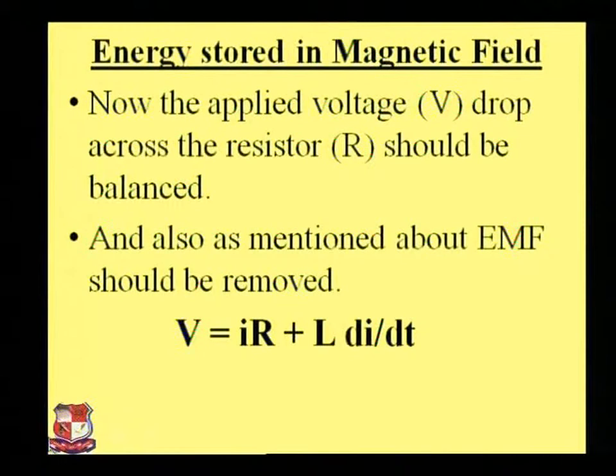Also the EMF should be removed, so the remaining EMF can be removed by balancing the voltage drop across R. So it should be written as V equals IR, the voltage drop across the resistor R, plus L dI by dt, when the current passes through the coil.